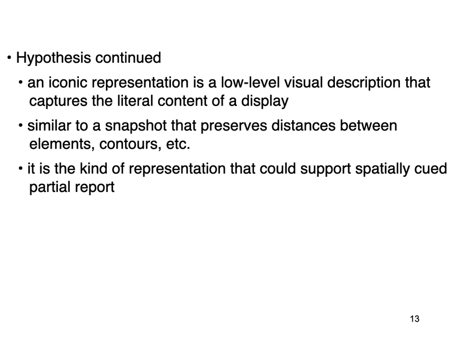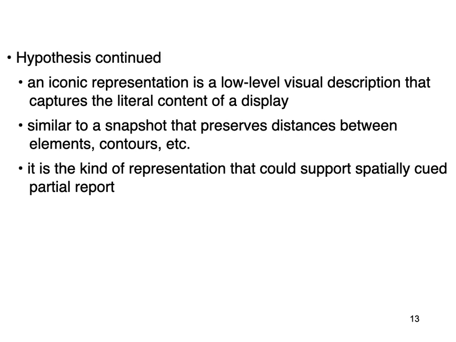So here's the hypothesis. It's a low-level visual description that captures exactly what's on the retina in retinotopic form, which means whatever is on the retina in a particular location is represented in the icon in a sort of copy of that display. I shouldn't use the word mirror image, because nothing is reversed from left to right.